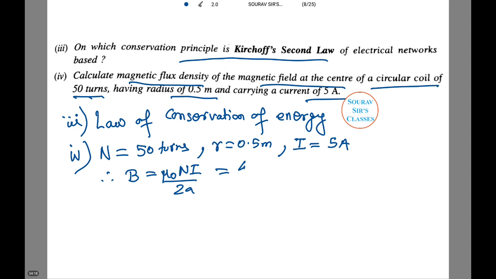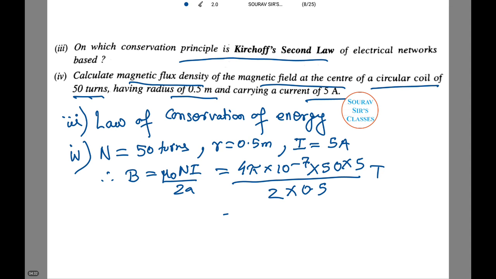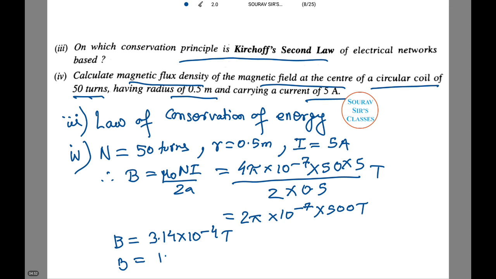Now putting in the values, 4 pi into 10 to the power minus 7 into 50 into 5 by 2 into 0.5 T. This equals 2 pi into 10 to the power minus 7 into 500 T. Therefore, B equals 3.14 into 10 to the power minus 4 T, or B equals 10 to the power minus 4 pi Tesla.